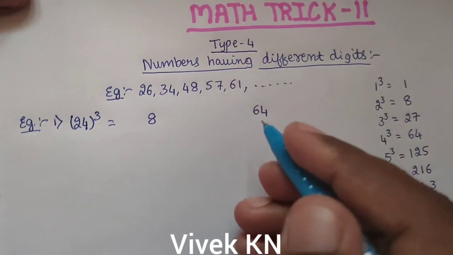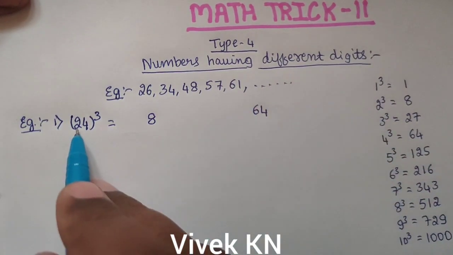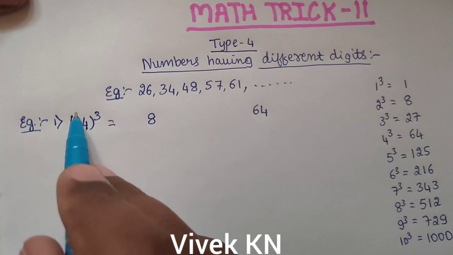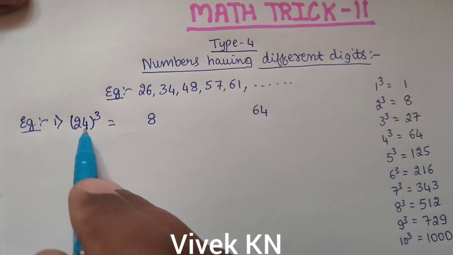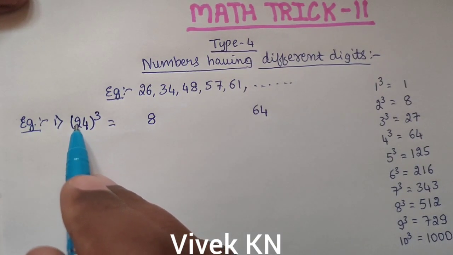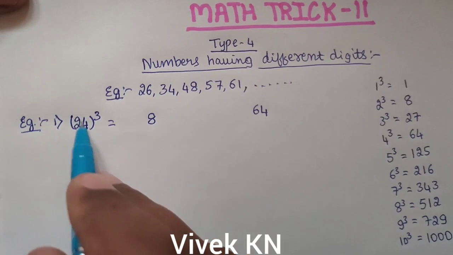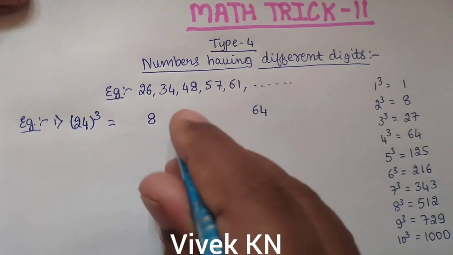In the second step, first we have to square the first digit, that is 2 square is 4, and that 4 is to be multiplied with the second digit, 4. 4 into 4 is 16.